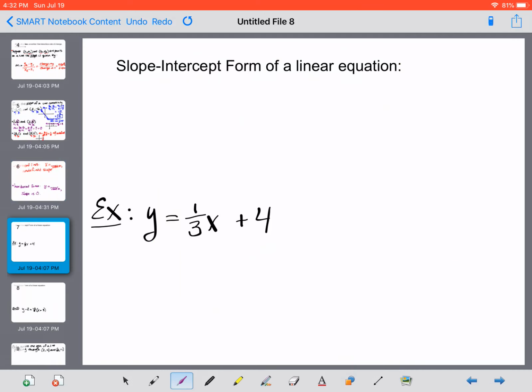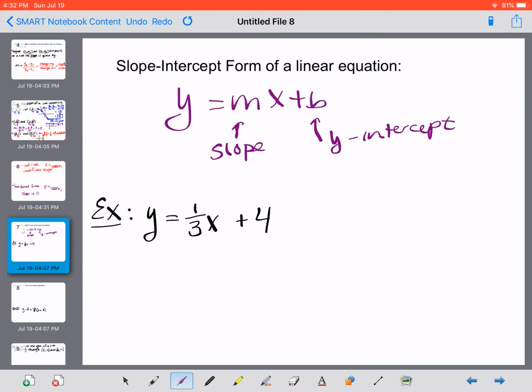The slope-intercept form of a linear equation is one that we saw at the very beginning, at the very first slide. It's of the form y equals mx plus b, where m represents the slope, and b is always going to represent the y-intercept.